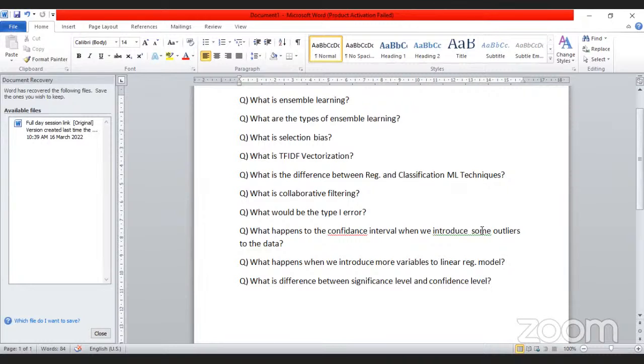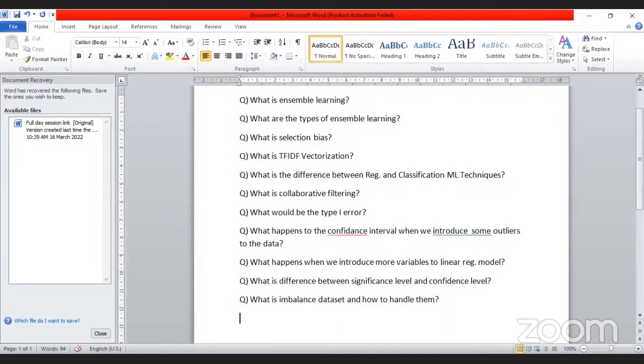Okay. Now, the next question is, what is an imbalanced data set and how to handle them? Yeah, try to answer this question. What is an imbalanced data set, firstly?